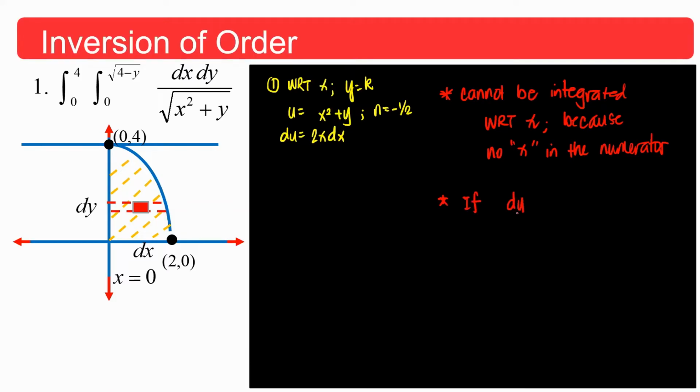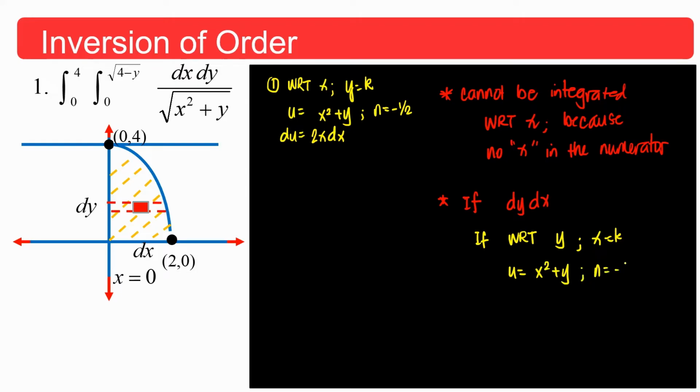If it is in the order of dy dx, do you think it would be integrable? If it's in the order of dy dx, yes, because there we don't need a y on top. But if it's in the order of dy dx, what happens is this. With respect to y, where x is constant, the u will still be the same, x squared plus y.